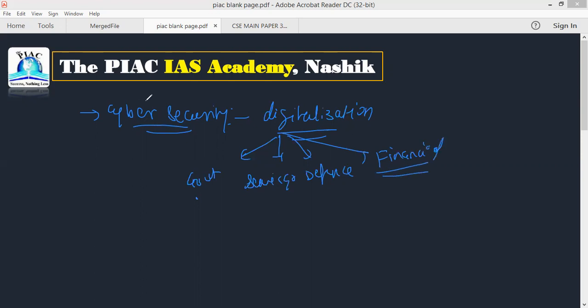So how cyber security plays an important role in securing all these parts. Cyber crimes like phishing and hacking are happening.